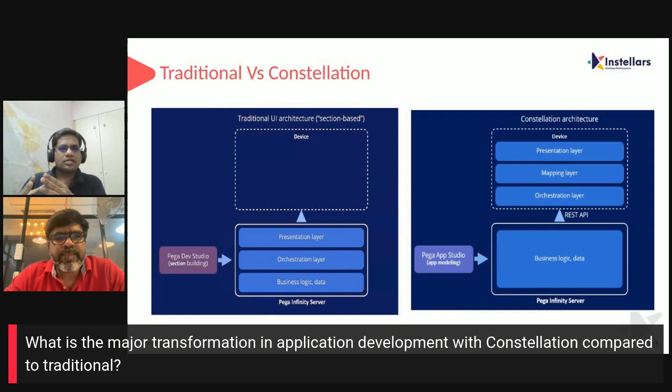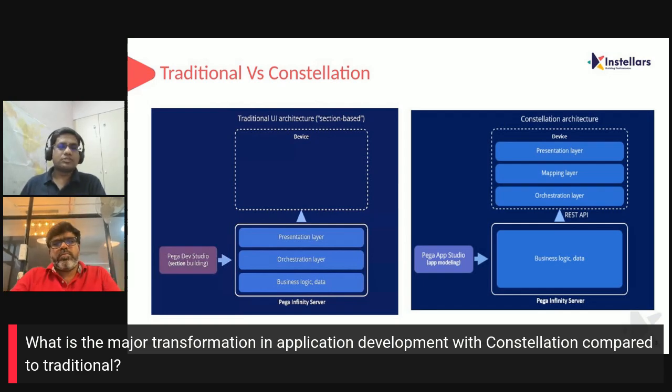This made the application harder to maintain or scale. With Constellation, the UI is separate from business logic and data, which makes the application more flexible and scalable. Since the UI and logic are independent, we can update or maintain one without affecting the other.